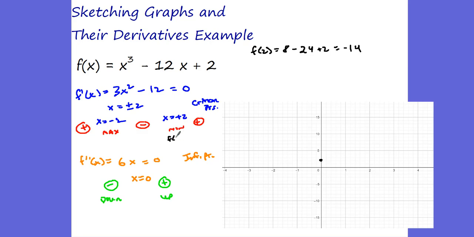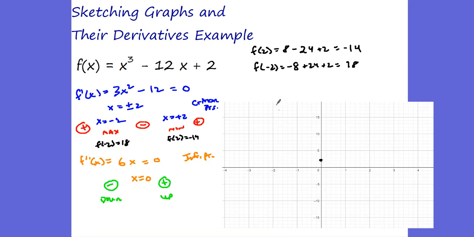So f of 2 is negative 14. If I plug in negative 2, I get negative 8 plus 24 plus 2. And that is 18. So f of negative 2 equals 18.